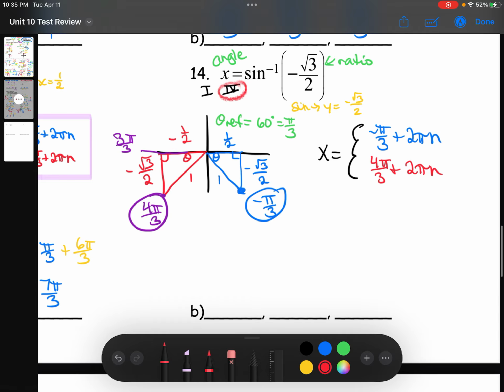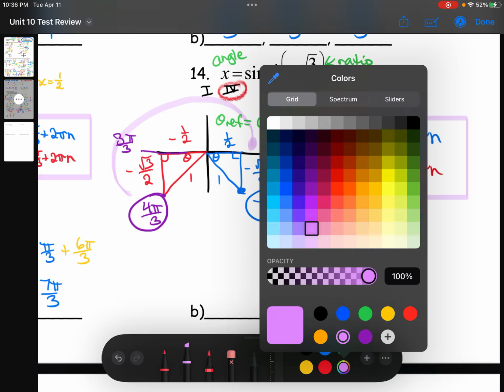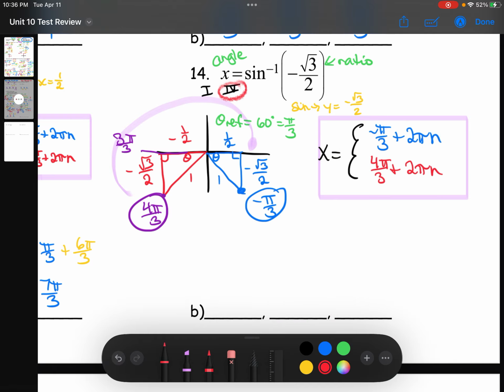Now, as we look at our first three positive solutions, the equation I wrote on top of the general solution is actually a negative solution. So we don't start with it. Remember, start at 0, rotate around counterclockwise. That first positive solution is the second one we found. It's 4 pi over 3.